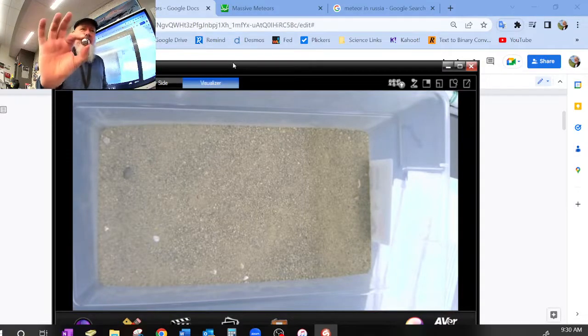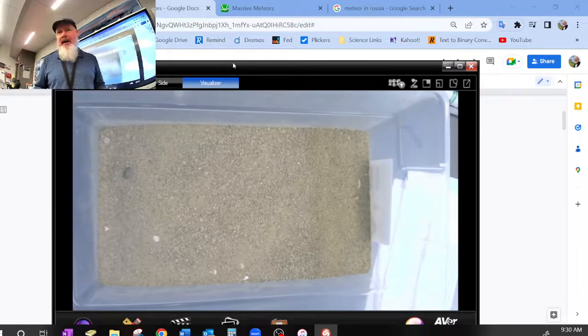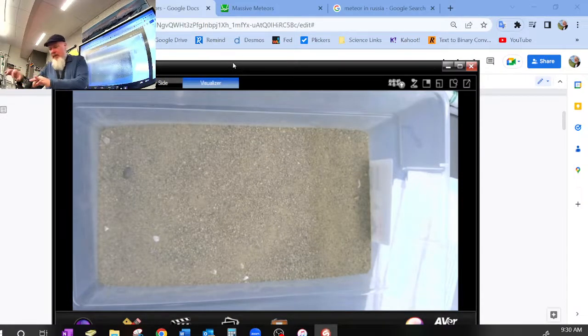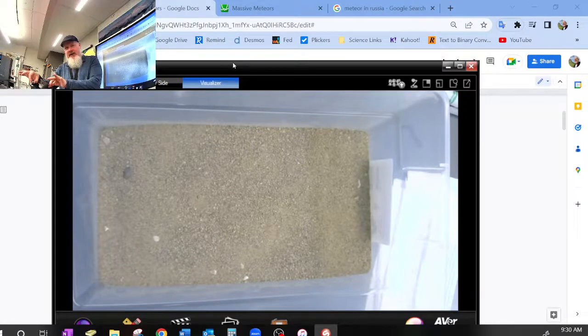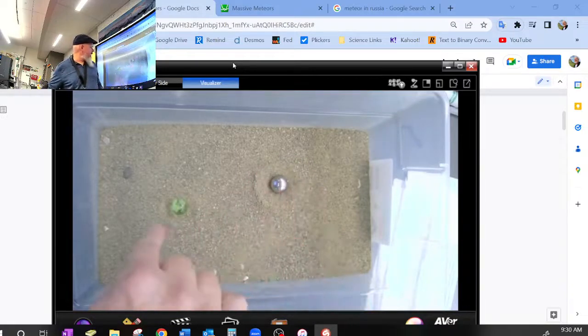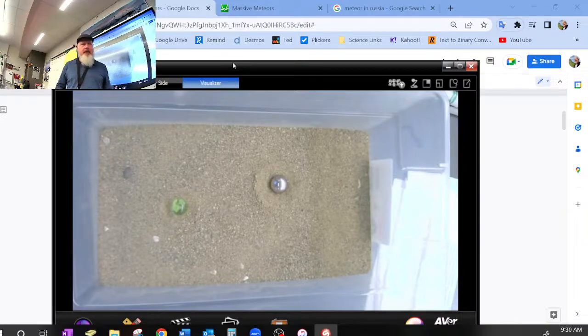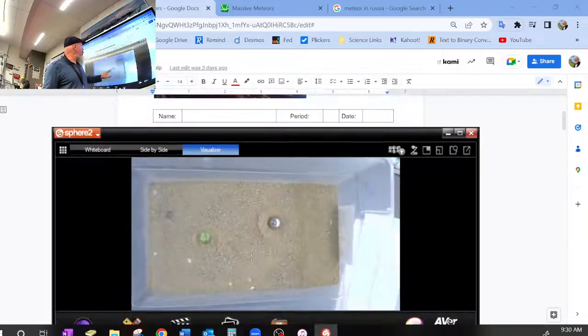So if you increase the mass, then you are going to get a bigger force, a bigger impact. So you'll probably come to the conclusion that if I drop these from the same height, the steel marble, you can see, has left definitely a larger crater than the glass marble.